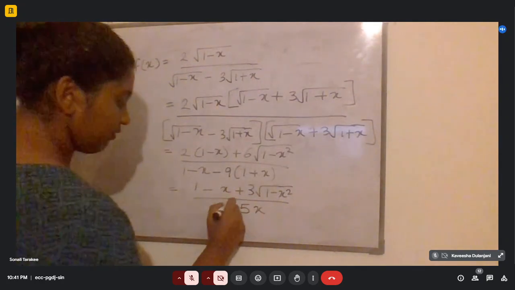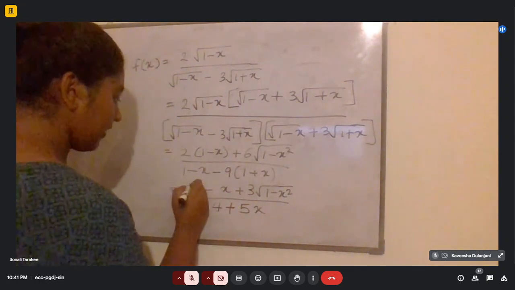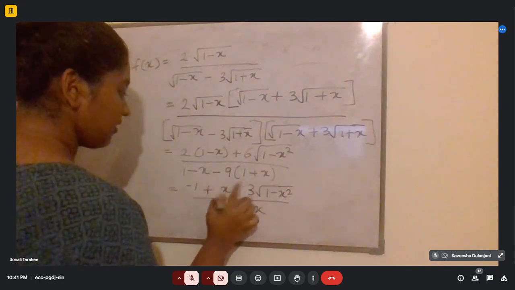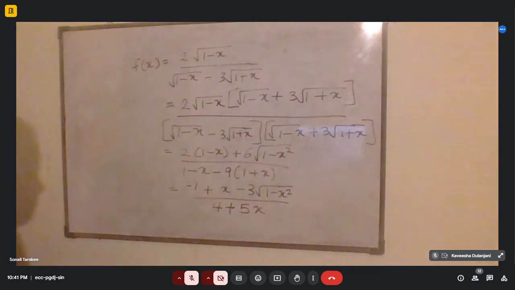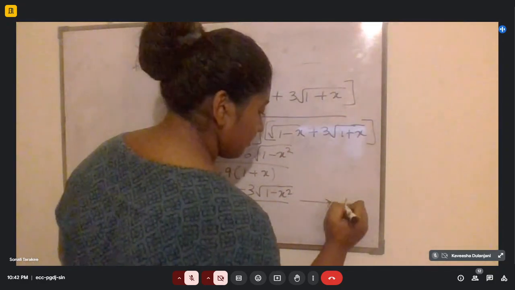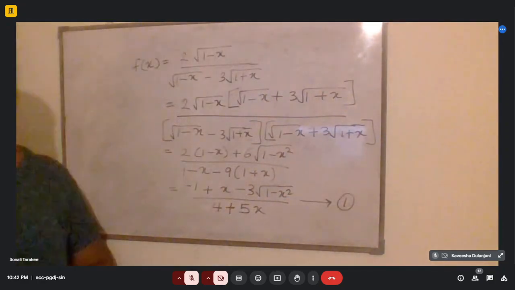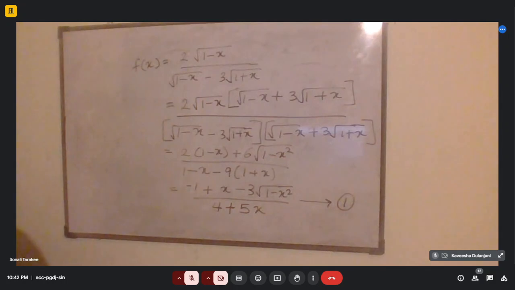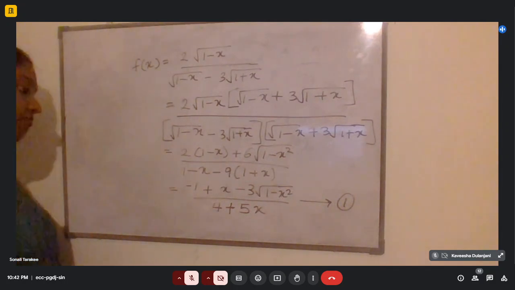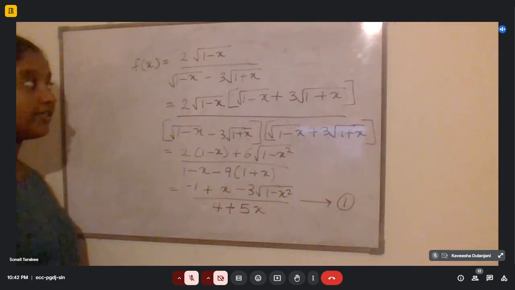Here 4 plus 5x. So I'll take this one as equation number 1. Then I'll move on to the next one because we can't simplify it further in here.